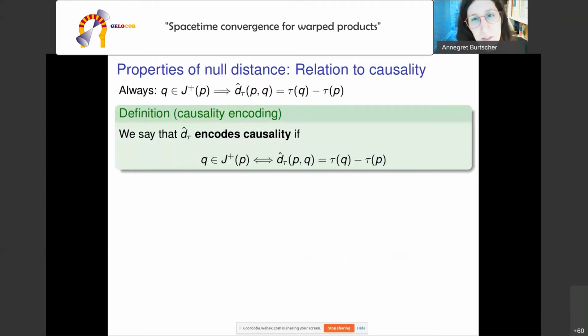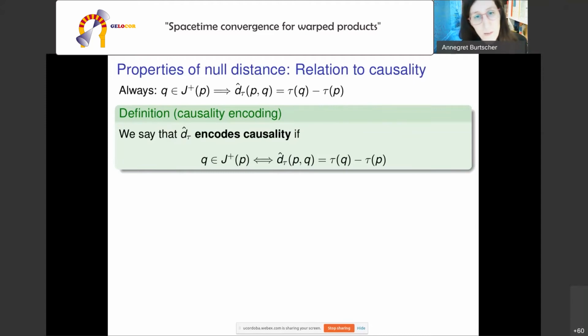Okay, so there's another concept here that I want to briefly discuss: how does the null distance relate to causality? The first thing that we observe, and this just immediately follows from the definition of the distance, is that if Q is in the causal future of P, then the null distance is just the difference in the time, tau Q minus tau P. And the question one should ask, if one really wants to understand causality in terms of the null distance, is, when does the converse also hold?